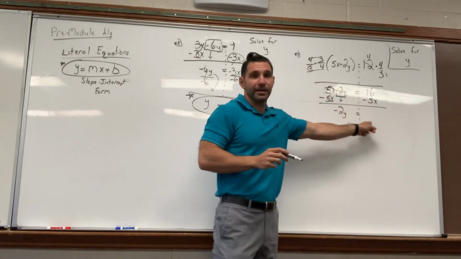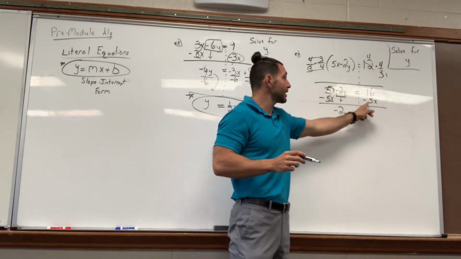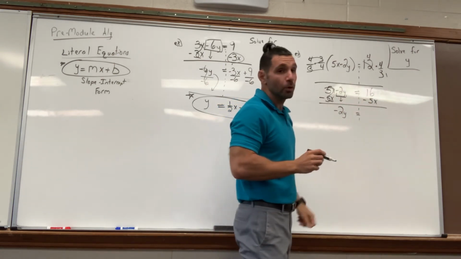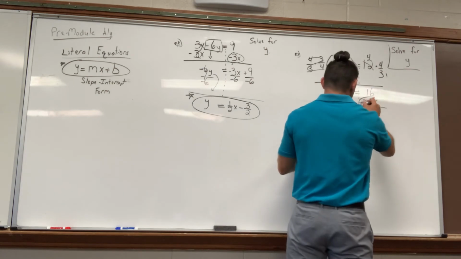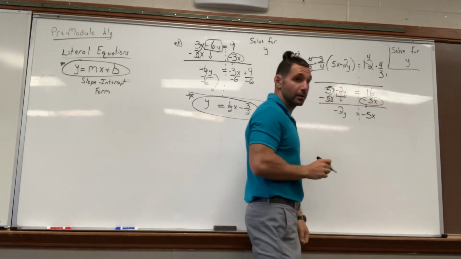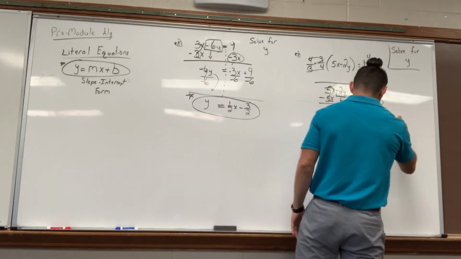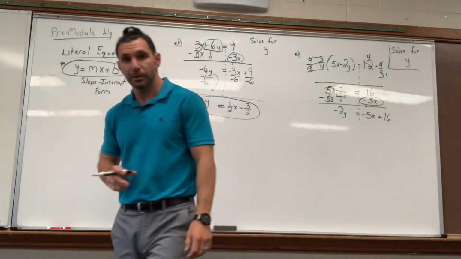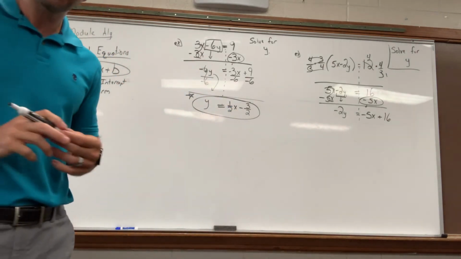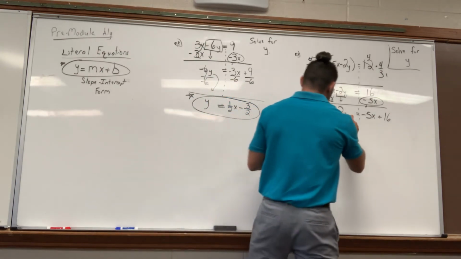Can I say 11x? If you say 11x here, shame on you. We cannot combine the coefficient and variable with the constant. So here's my negative 5x. I want my x term closest to the equal sign. What type of 16? Well, there's no sign with it, which means it's positive 16. We're almost there. Last but not least, we are now going to isolate the y by dividing.